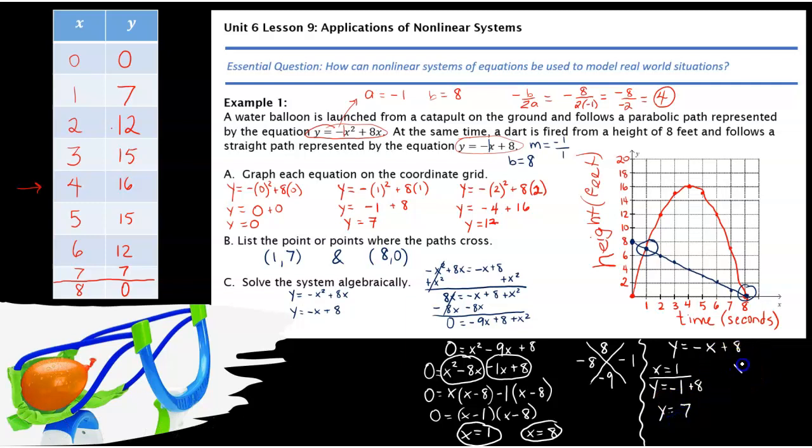And for the other one, if x is equal to 8, then I get y equals negative 8 plus 8, and that gives us y equals 0.